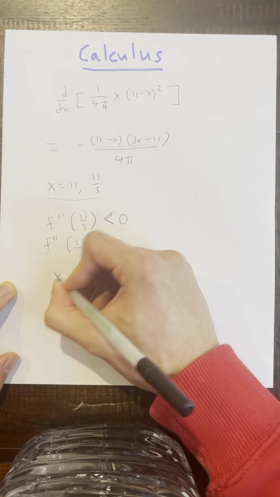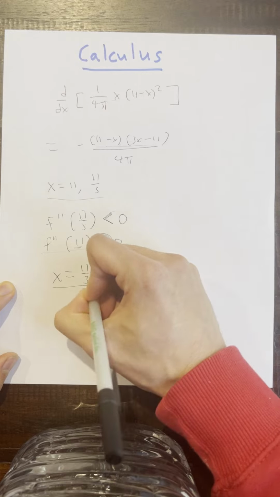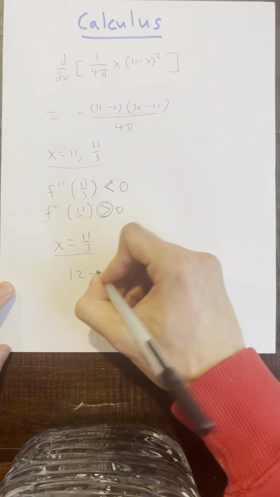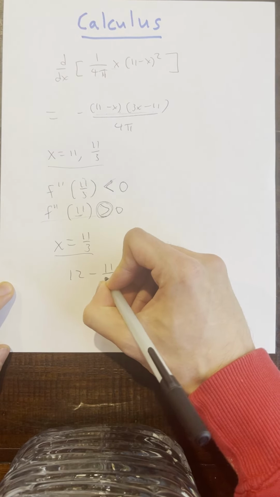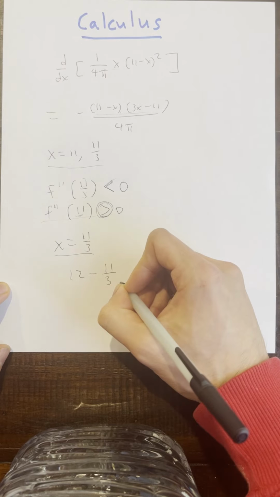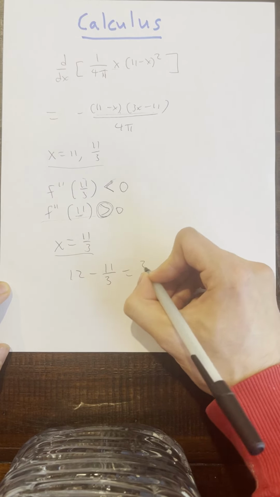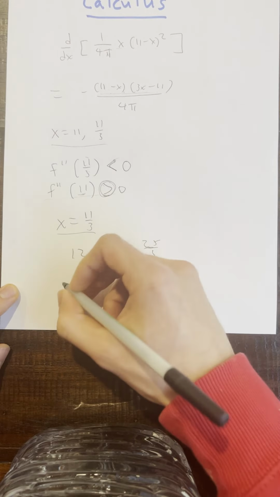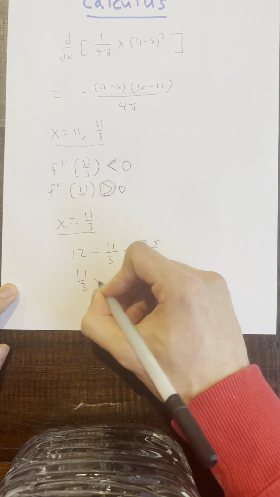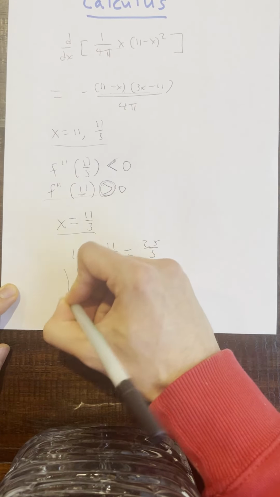So x is 11 over 3. The other dimension is going to be 12 minus 11 over 3, which is, so 36 minus 11, so 25 over 3. So these are your dimensions. This is your answer.